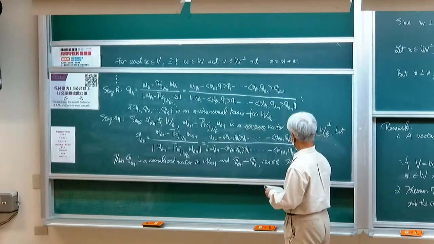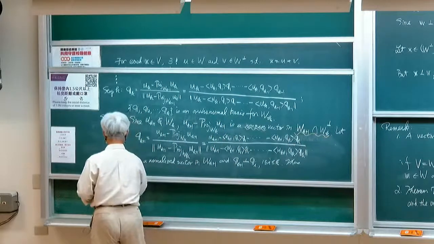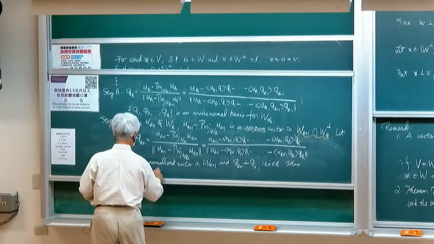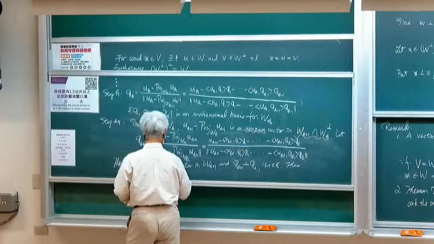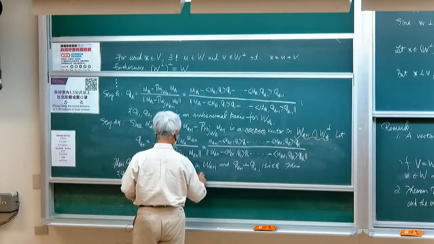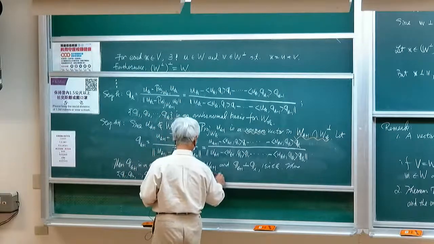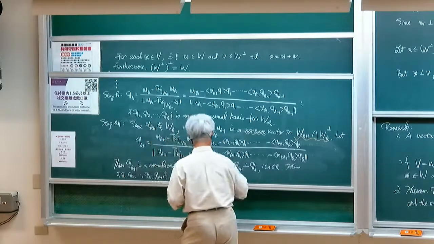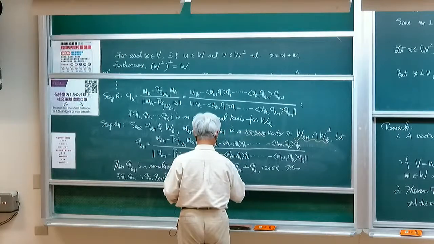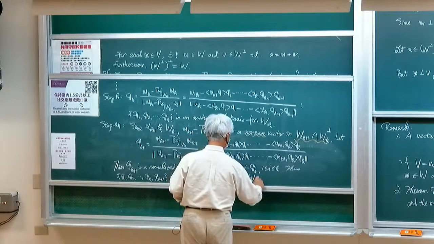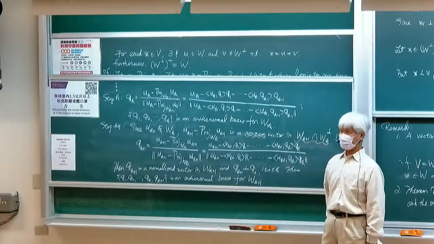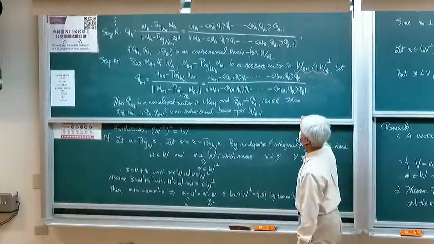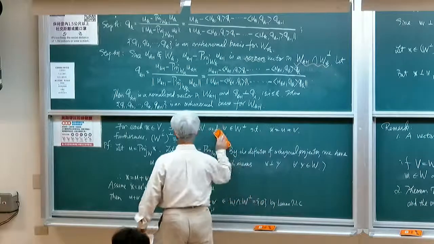So Q1, Q2 up to Q_{k+1} is an orthonormal set, and it's also an orthonormal basis for W_{k+1}. So now we finish the k plus 1 step, and we'll keep going on.